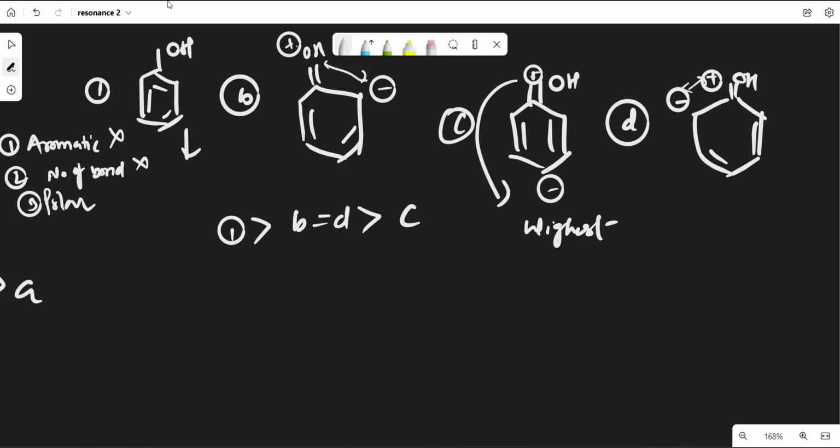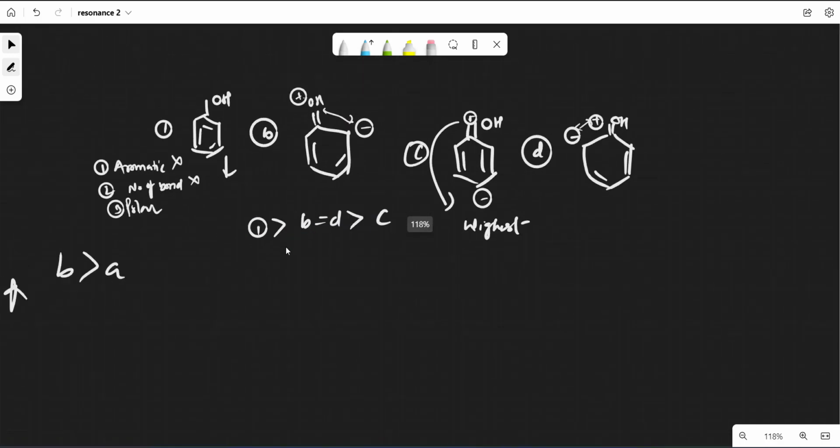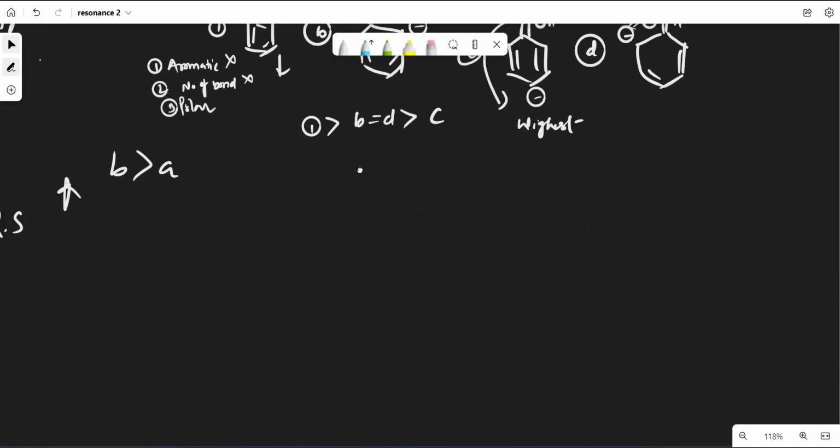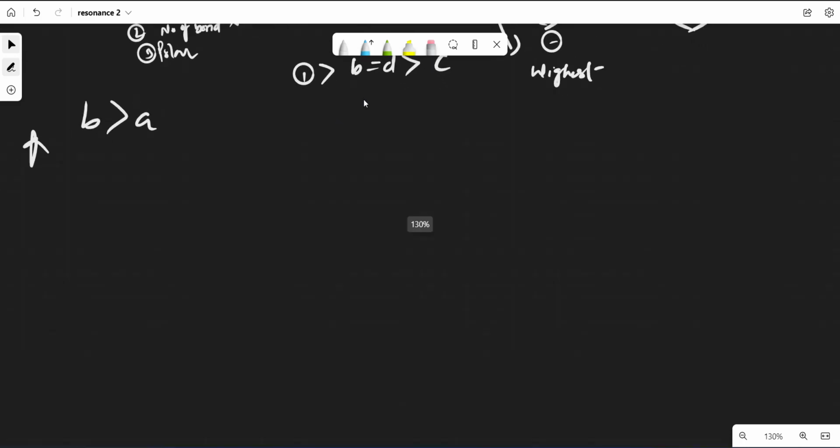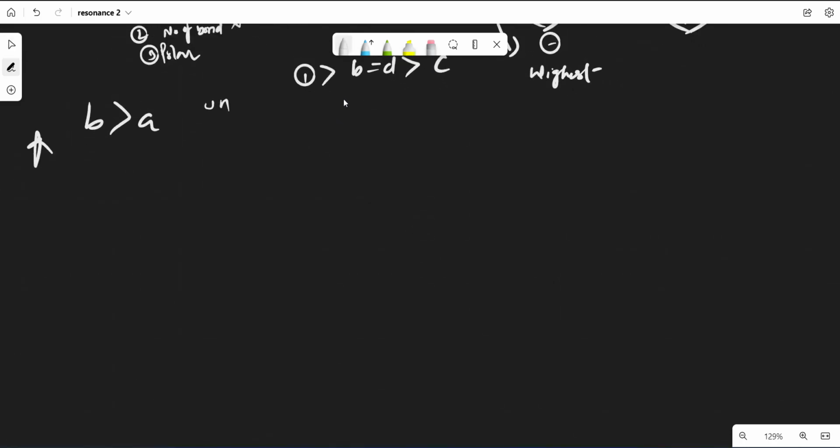Yeah. And remember, after all of this resonance, when it's done, we are going to get into the mesomeric effect and inductive effect, which a lot of people get confused about, like which is the more stable nucleophile, OH minus or OR minus, which one should be better. We're going to talk about all of it.